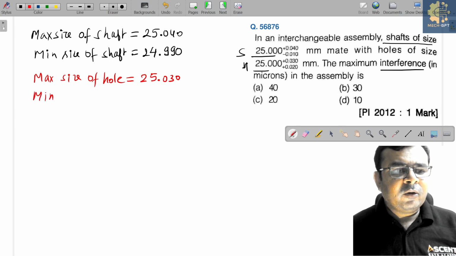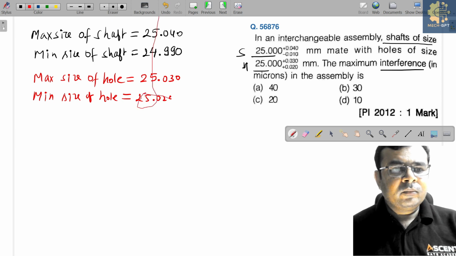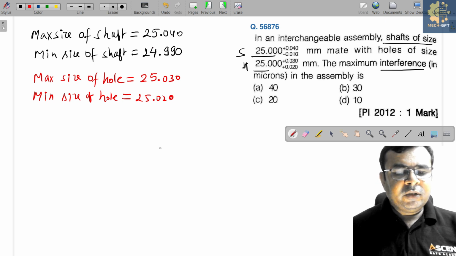And the minimum size of the hole is 25.020.